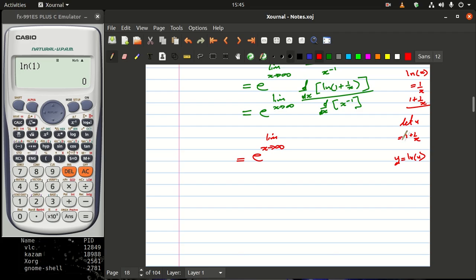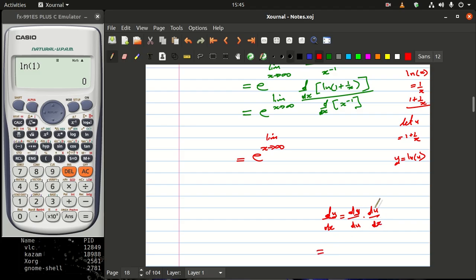So I'm replacing that thing that was sitting in the place of x by u, and then the derivative with respect to x of y is going to be the derivative of y with respect to u first, and then we take the derivative of u with respect to x.